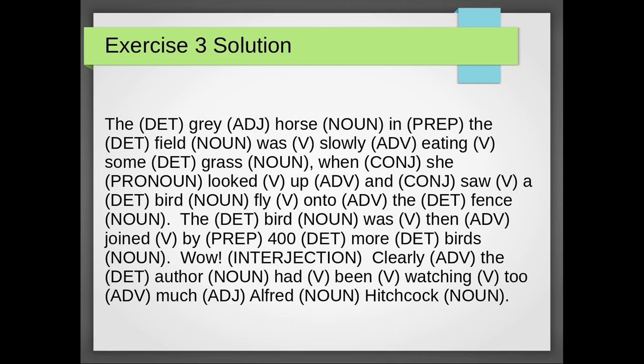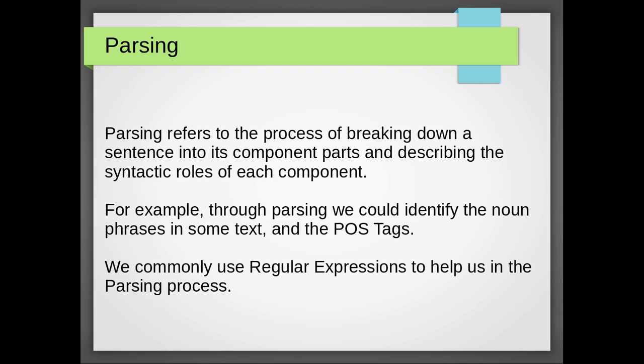So okay, we've talked a lot about grammar so far. Let's move on to the next stage if we're going to be looking for named entities. And it's the concept of parsing. So parsing refers to the process of breaking down a sentence into its component parts, and describing the syntactic roles of each of those components.